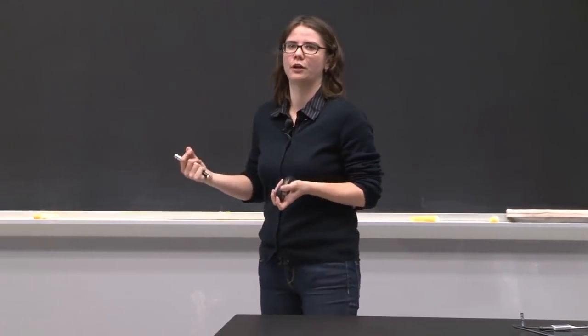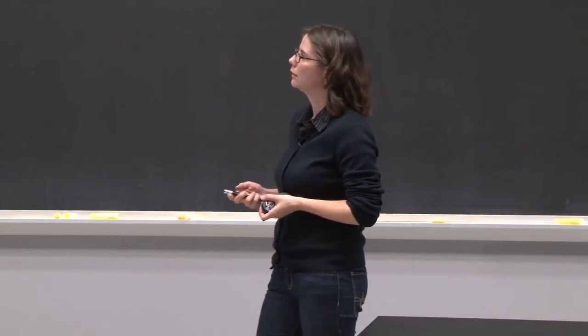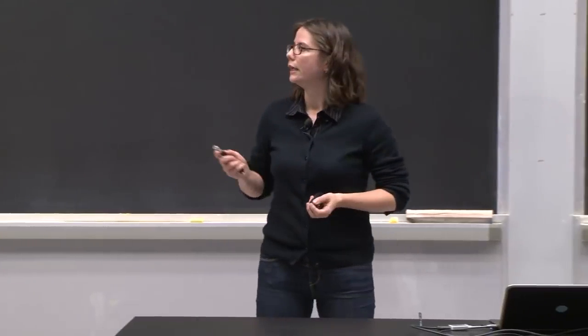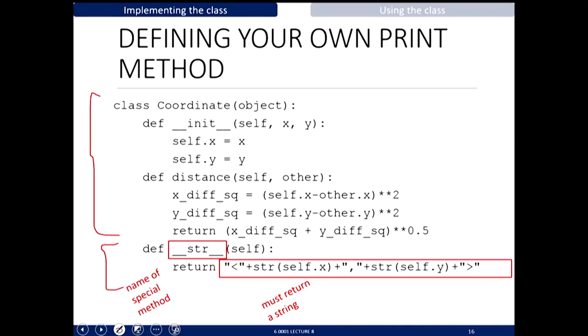There are no other parameters to it. __str__ has to return a string. And in this particular case, we're going to return the string that's the angle brackets concatenated with the x value of the object, self.x, concatenated with a comma, concatenated with the y value of this particular instance of an object, self.y, and then concatenated with the angle brackets.